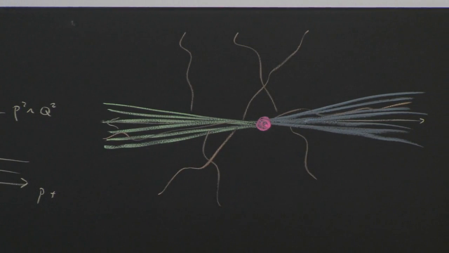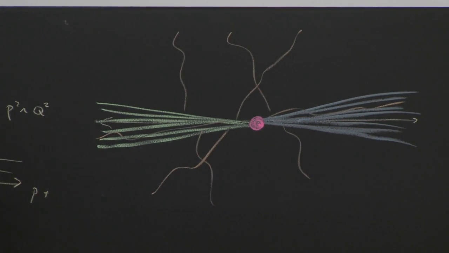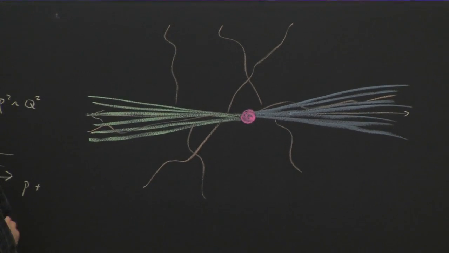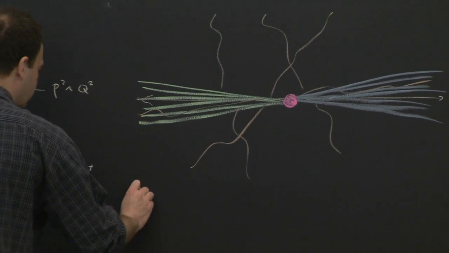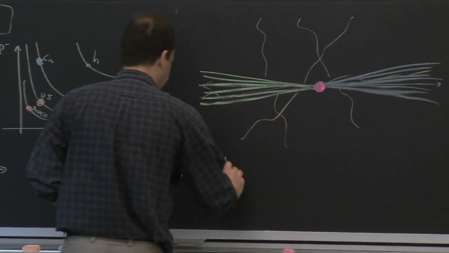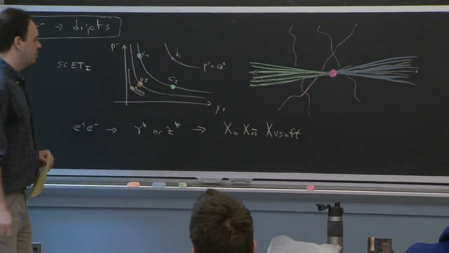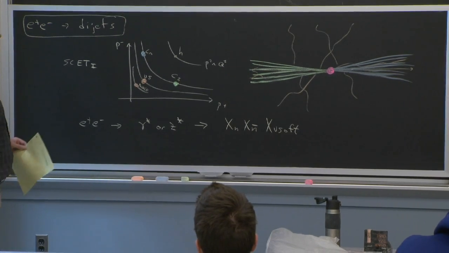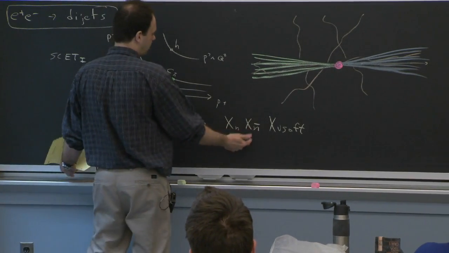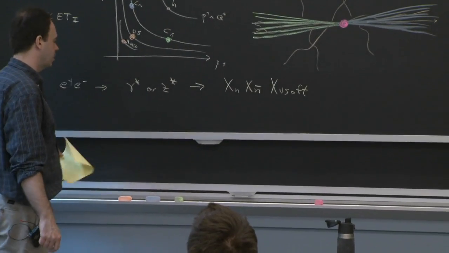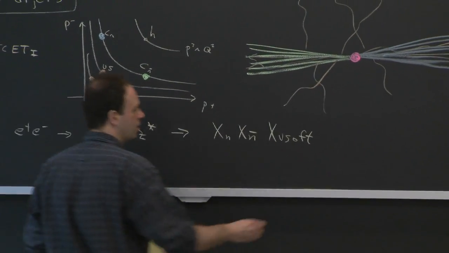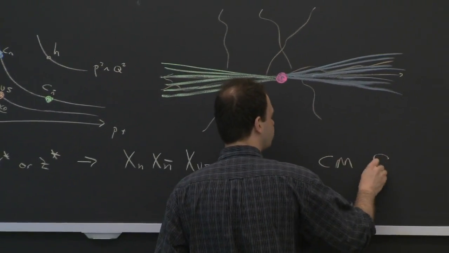So what we're doing is we're colliding at E plus E minus, producing a virtual photon or Z, and then from that producing, if you like, a state which is full of collinear modes, a state which is full of the other type of collinear modes, and ultrasoft particles. And this is in the center of mass frame.